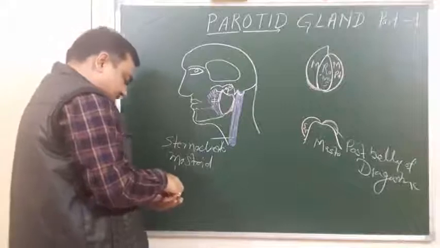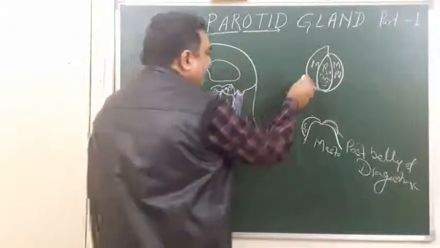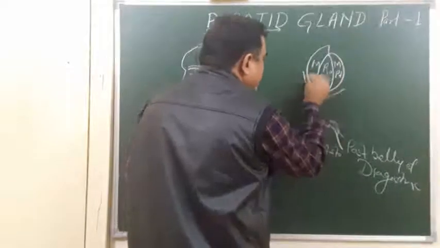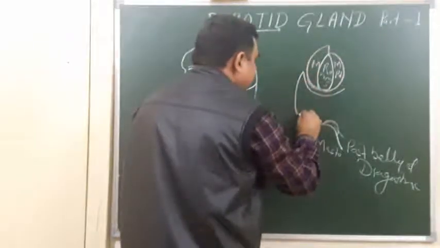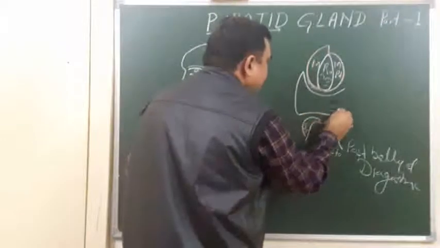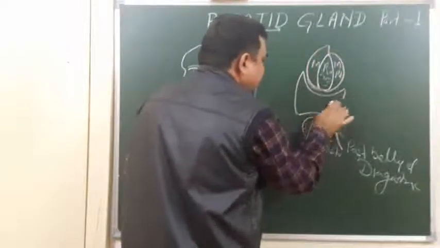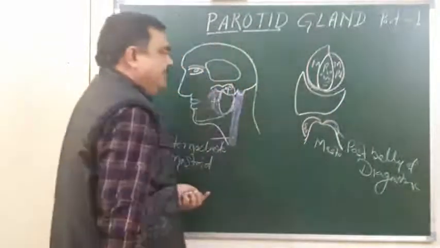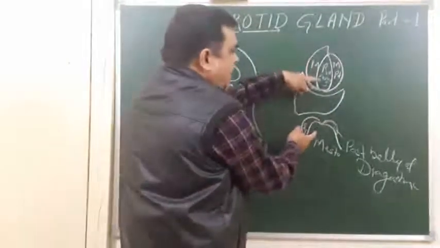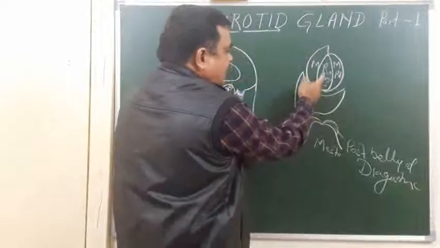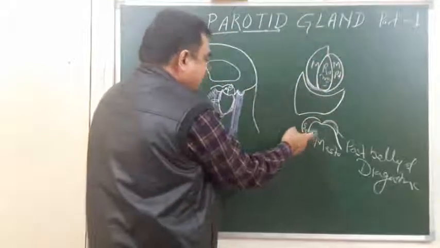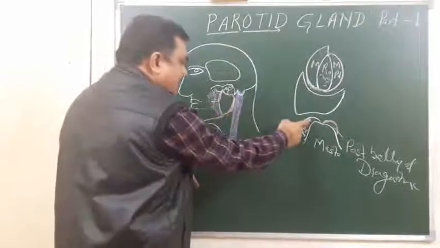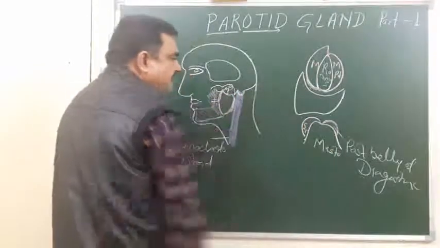The gland lies here. So anterior to this is the ramus of the mandible, posterior is the mastoid, sternocleidomastoid, and also posterior belly of the digastric.